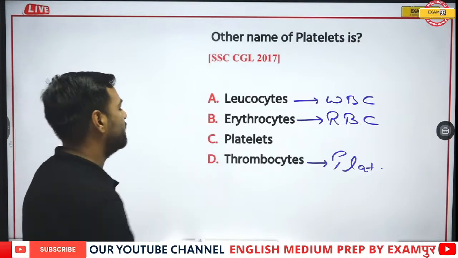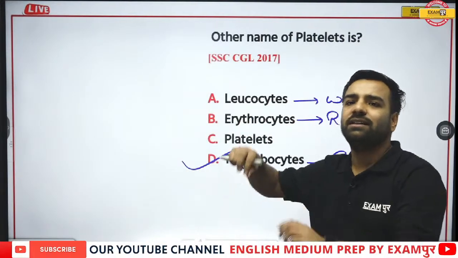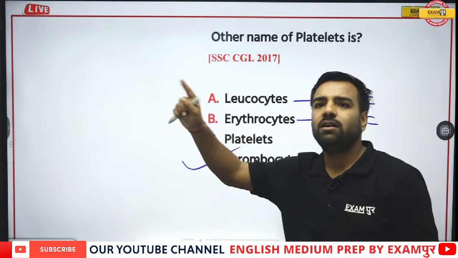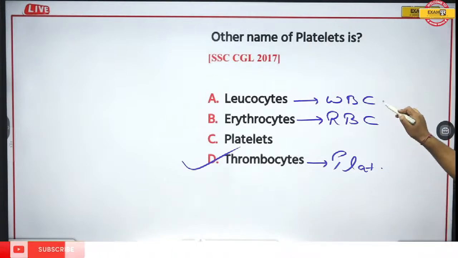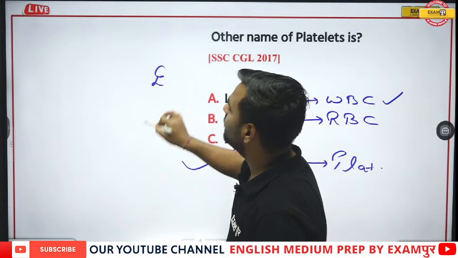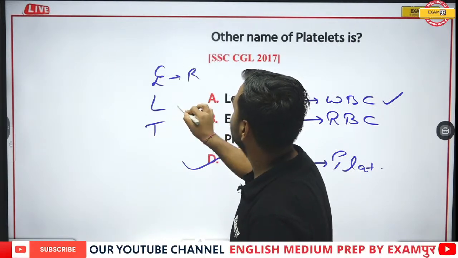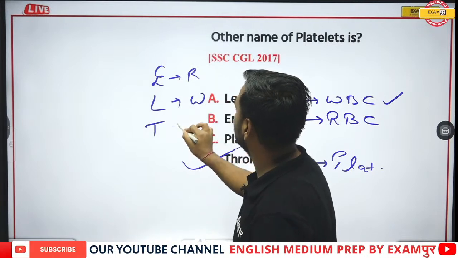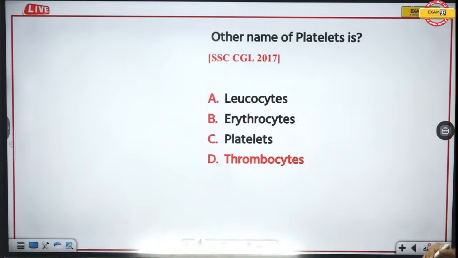No, Priya, your answer is wrong, but no issues. If you are wrong here, it will be helpful in the examination. You can use a trick: A, B, C, D, E, F, G, H, I, J, K, L. E is for RBC, L for WBC, and thrombocyte for platelets. So the answer is thrombocytes.